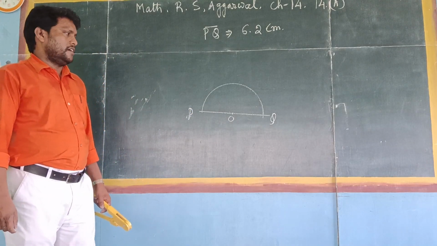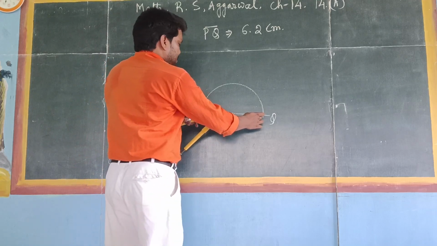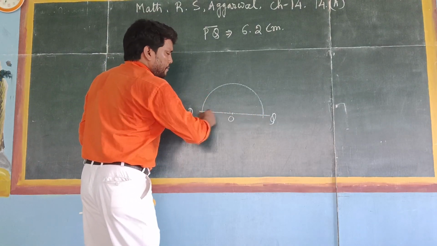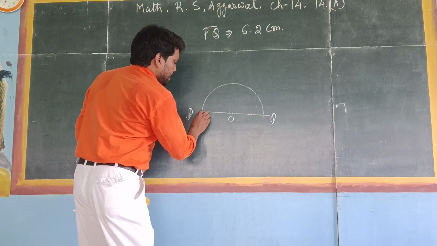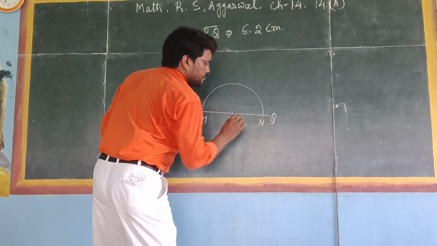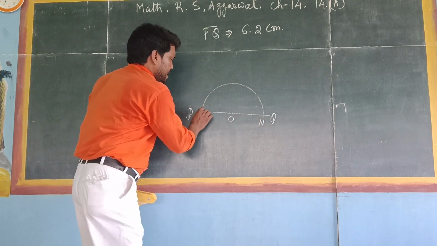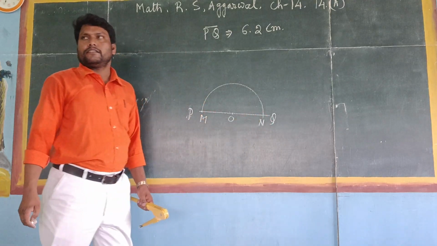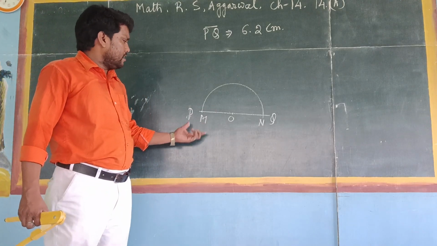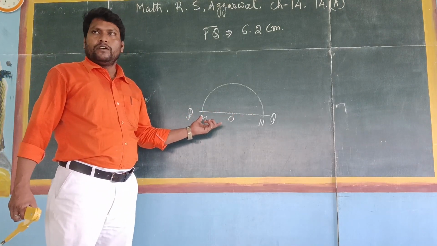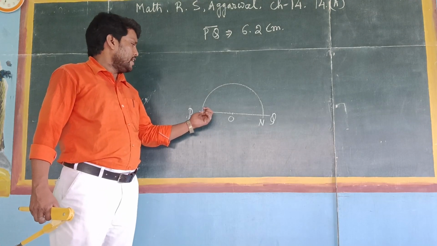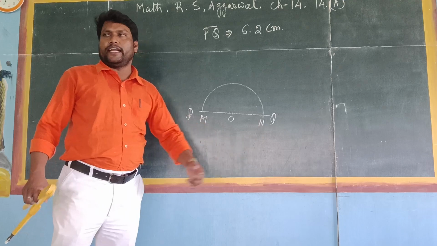Next, with some length, they intersect the line PQ at M and N. This is point M, this is point N. From the figure, we see that the line segment PQ is intersected at points M and N.